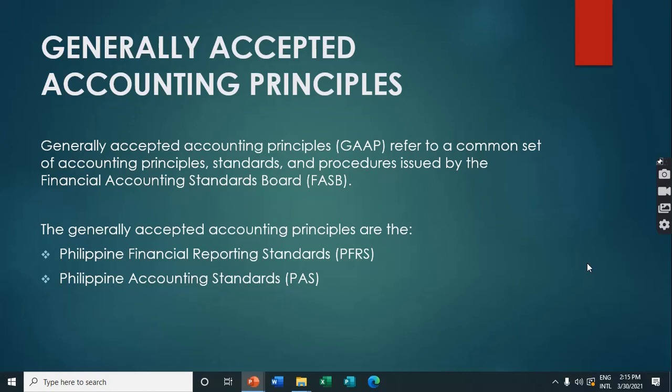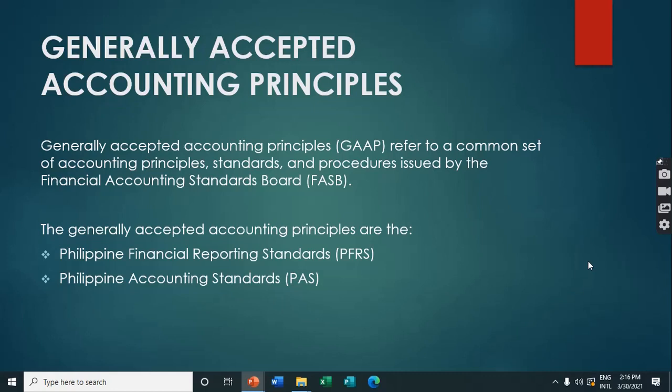So these PFRS and the PAS are adopted from the IFRS or the International Financial Reporting Standard or the International Accounting Standard, which is doon nababase yung PFRS natin and the PAS natin.